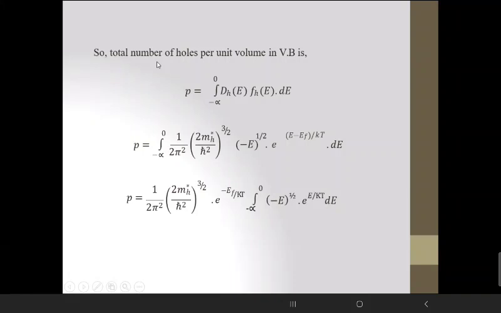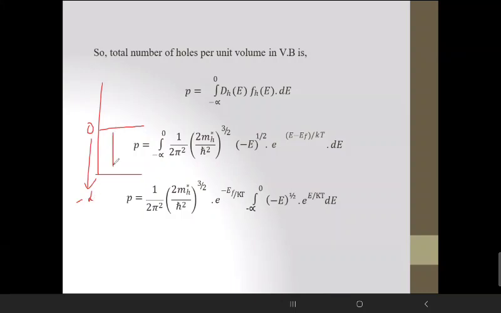The total number of holes per unit volume in the valence band is given by this integral. Why is this minus infinity to 0? Because the valence band is starting from 0 and going to minus infinity.